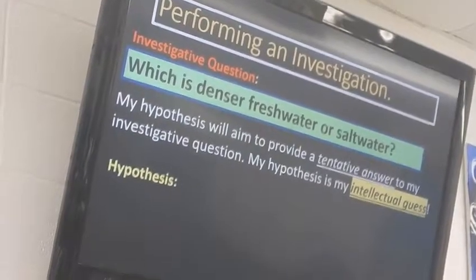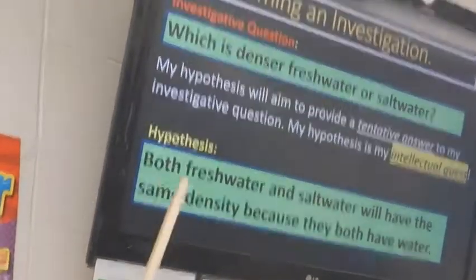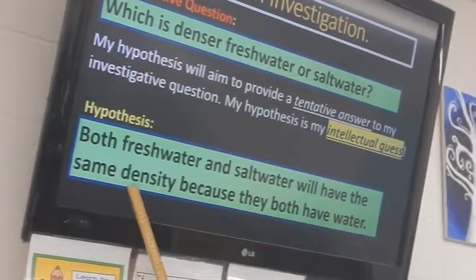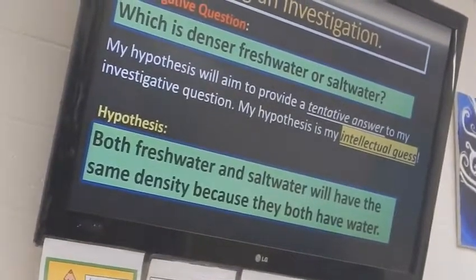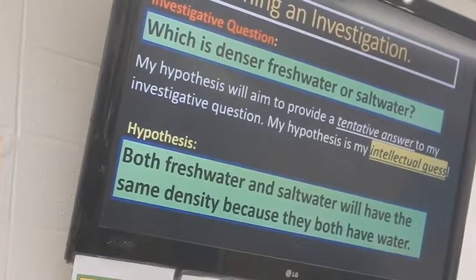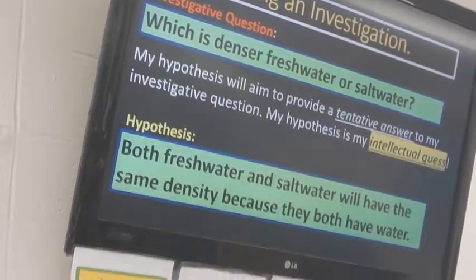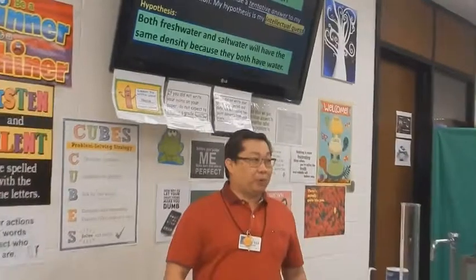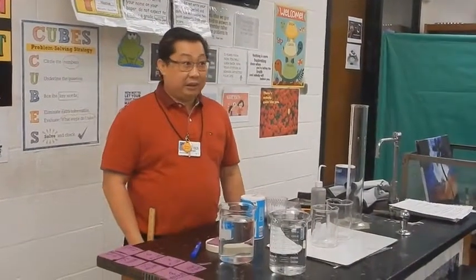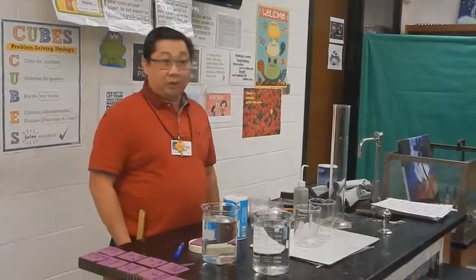So based on this investigative question, I would be saying both fresh water and salt water will have the same density because they both have water. Again, this is just a hypothesis. The hypothesis can be proven wrong or it can be proven right depending on the outcome of the experiment.